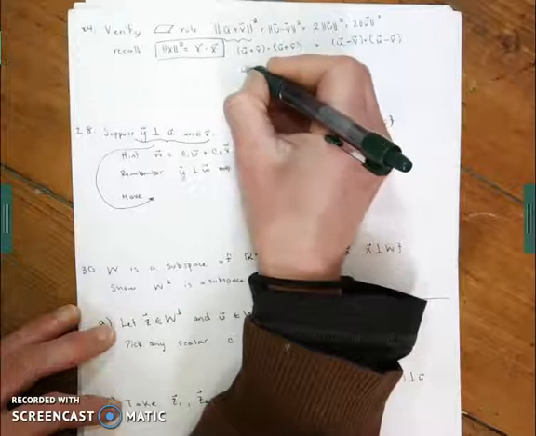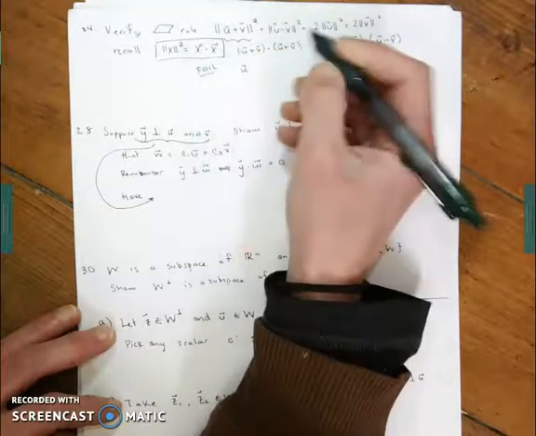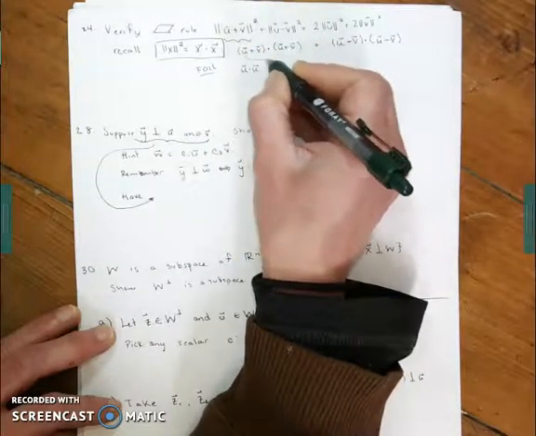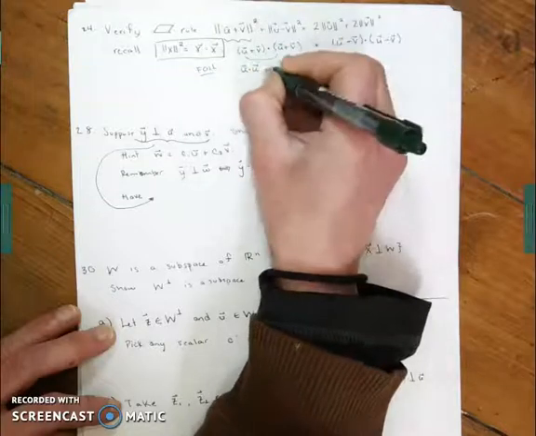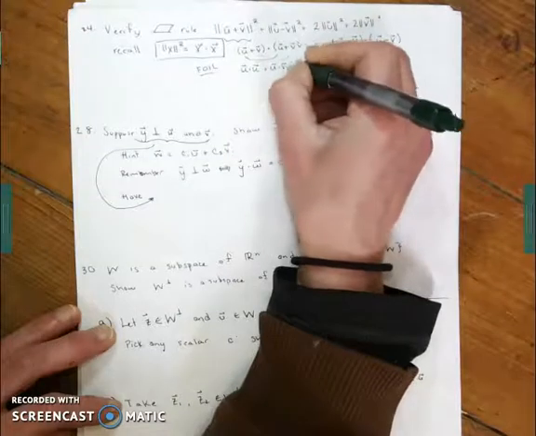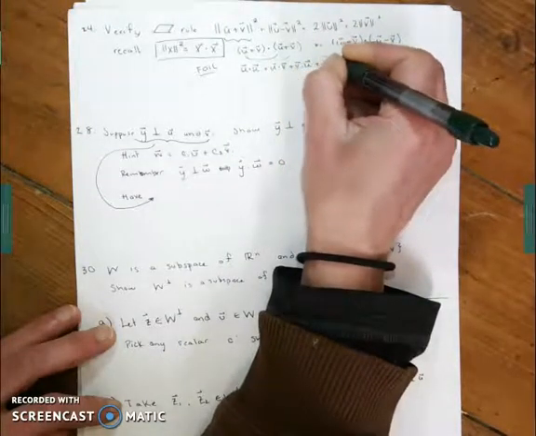First, it will basically work just like FOIL because of the properties of dot products. So I would do u dot u first, outer, u dot v, inner, v dot u, and last, v dot v.